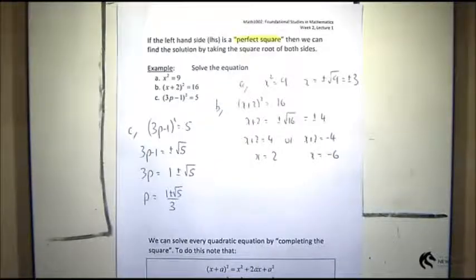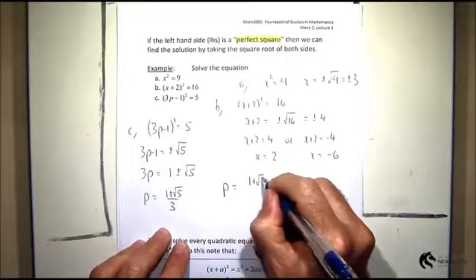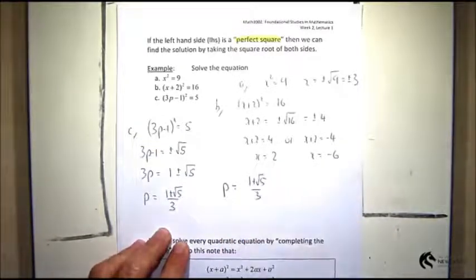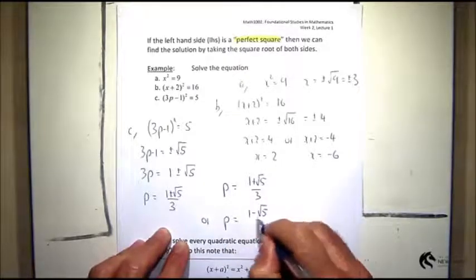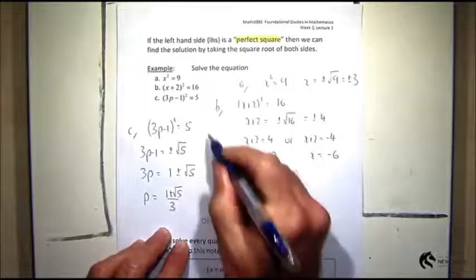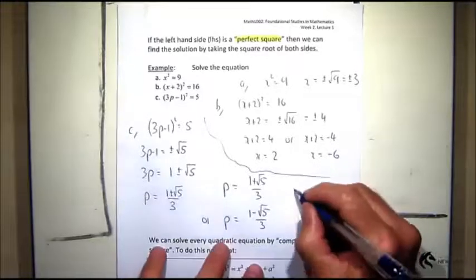So my two solutions here are p is equal to 1 plus the square root of 5 on 3, or p is equal to 1 minus the square root of 5 on 3. They are the exact values sitting in here.